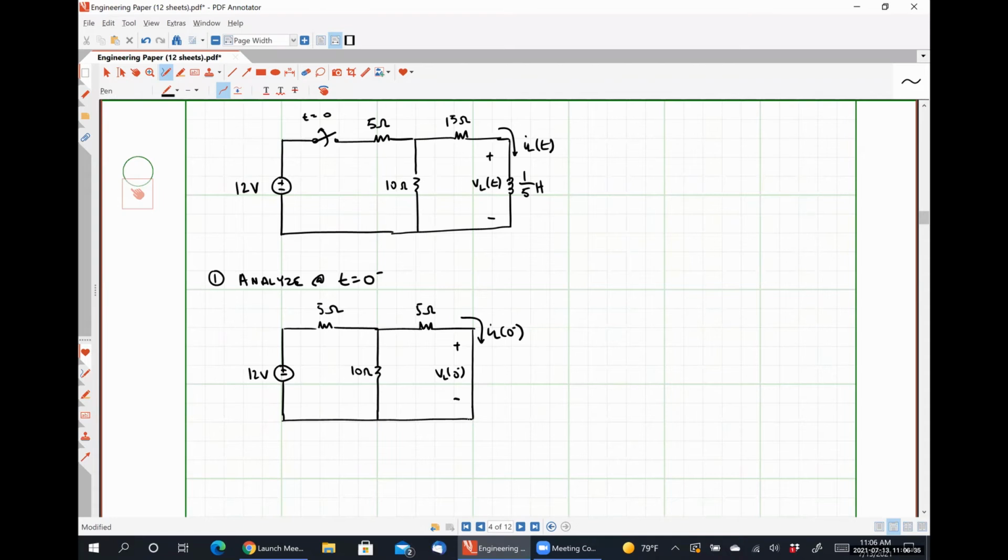How could I determine either of these quantities? So IL at 0 minus or VL at 0 minus. Anybody have any thoughts? On either of those two quantities.